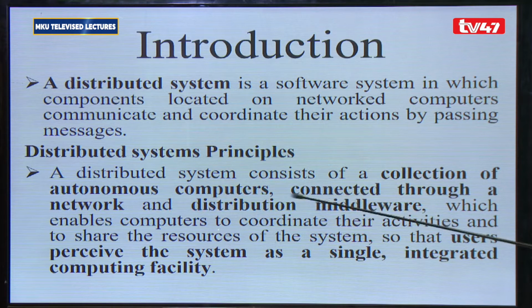Let me take you back. Autonomous computers can be said to be independent computers, or in a simple manner, we can say each is one computer. Then we have the second thing, which is the network. All these computers, which are different or maybe in different locations, must be connected via a network. And there must be something called a distribution middleware.